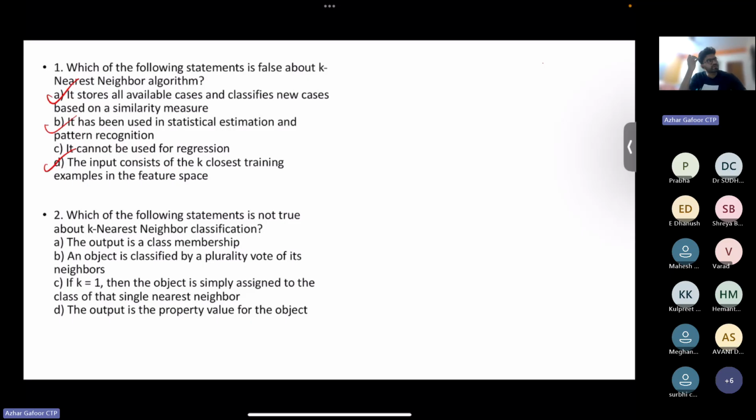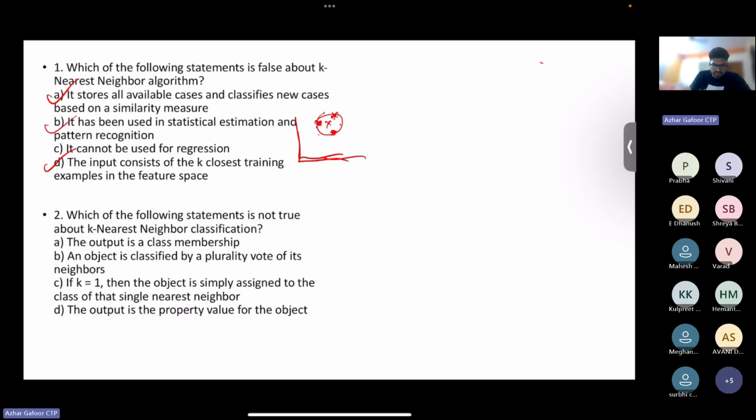So how is it used for regression? Let me give you an example. Let these three be the neighbors. Say we have more points and a new point is introduced. Then we again find the distance and find the k nearest. In regression, we have a value for each data point.